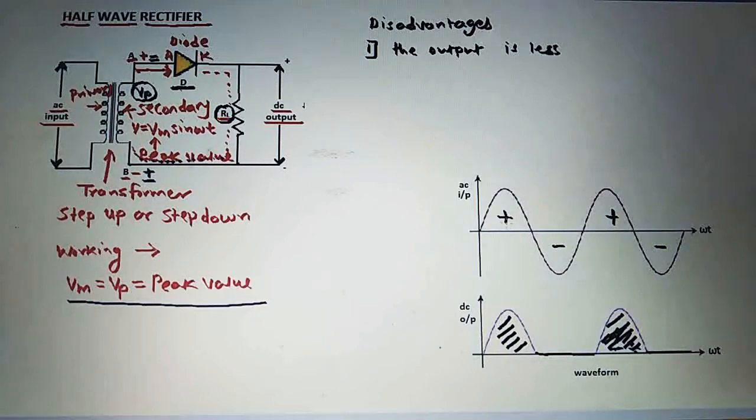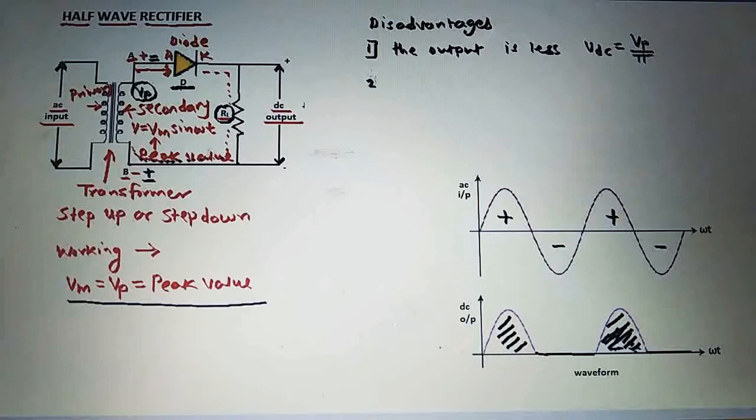Here we are getting that output during this positive half cycle. Because of that, the output is less, and that output, VDC, is equal to Vp divided by pi, or we can write this as Vm divided by pi. So the first disadvantage of a half wave rectifier is the output is less.